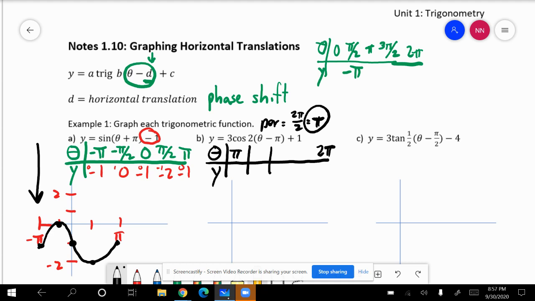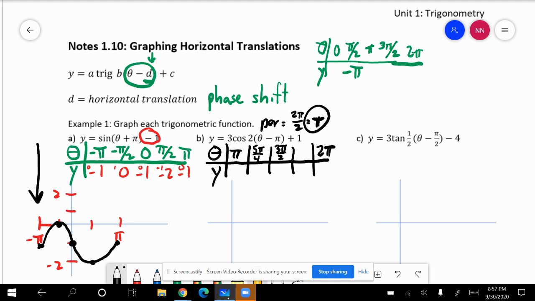Now, if we start at pi and we end at 2 pi, in between pi and 2 pi would be 3 pi over 2. Now, what we're going to do is look at in between pi and 3 pi over 2, and that would be 5 pi over 4.